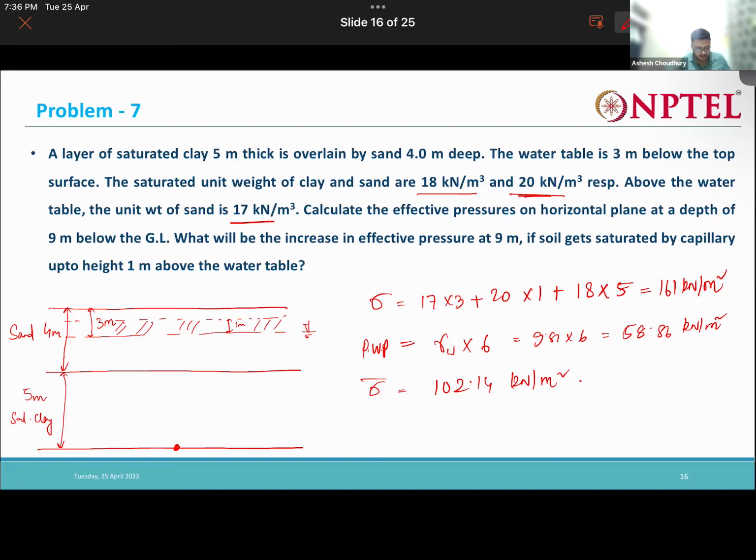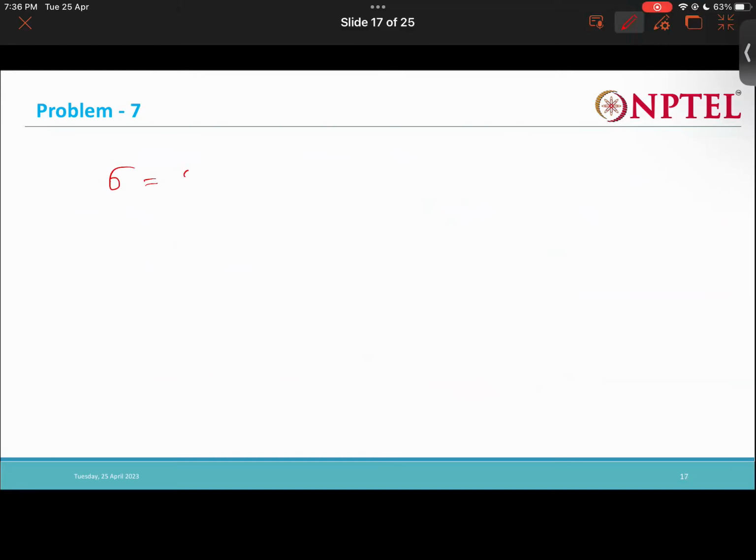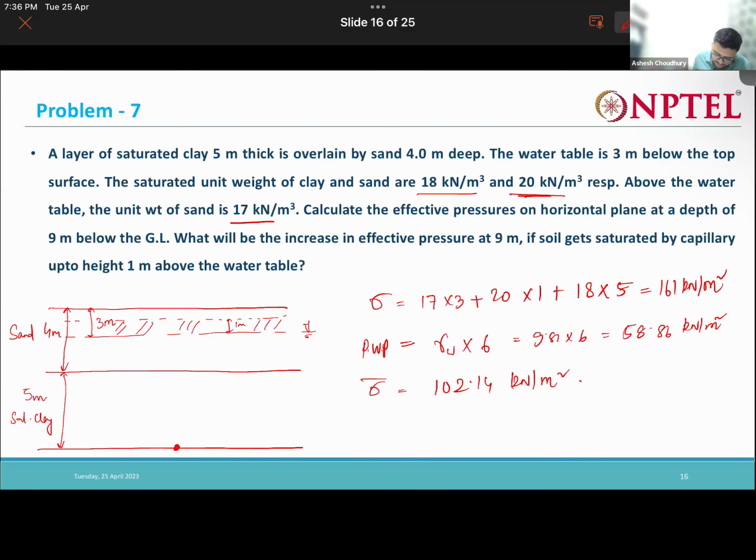So 2 into 17, then 20 into 2, plus 18 into 5.